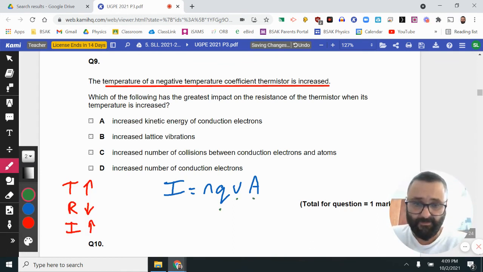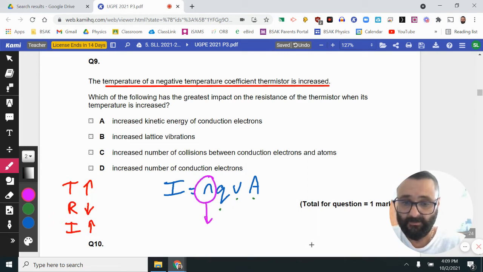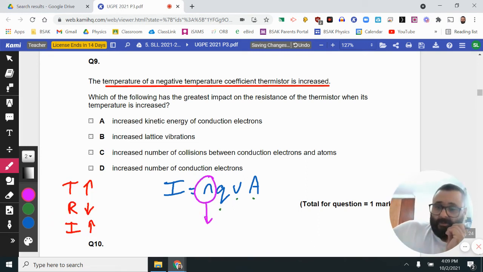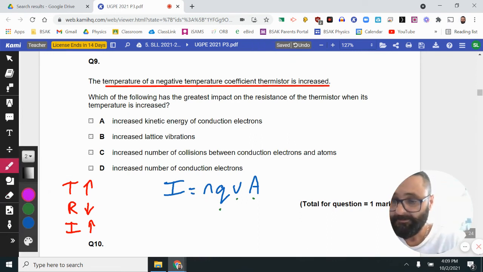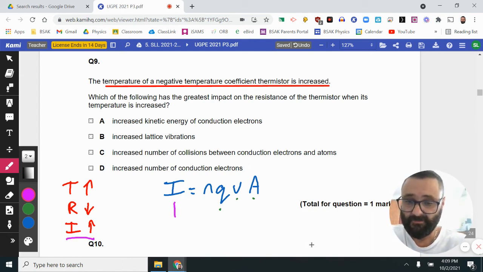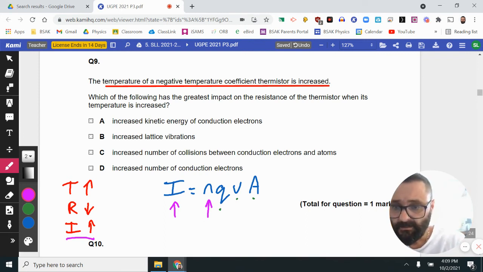Drift velocity may change, but without question, the most significant change with a change in temperature in a semiconductor is that one, N. We want current to go up. We've just said current's going up. So if current is going up, then that's because N is increasing. We've got an increase in N, and that is D.